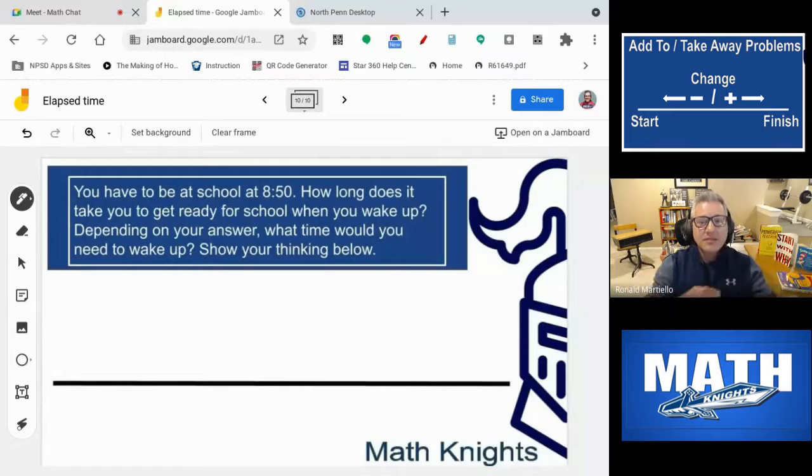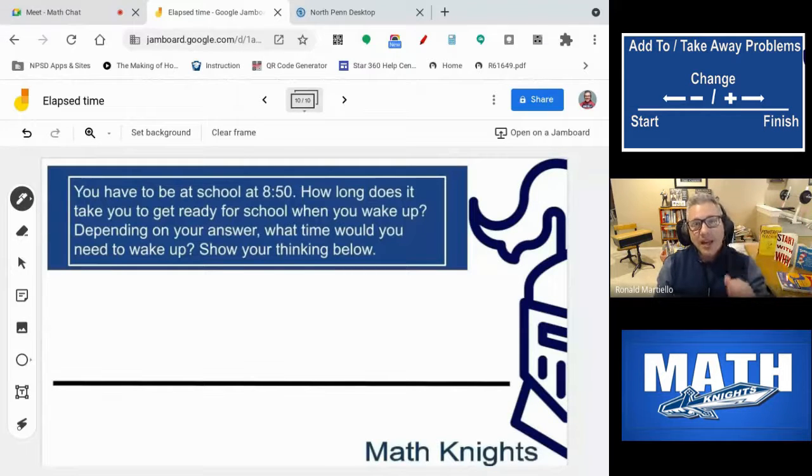So Math Knights, to summarize it all, we have gone through our approach to a time elapsed problem. Our approach to the time elapsed problem is about the situation where we're adding to or taking away. There are three positions in this type of problem. There's a start time, there's a change time, and there's a finish time.